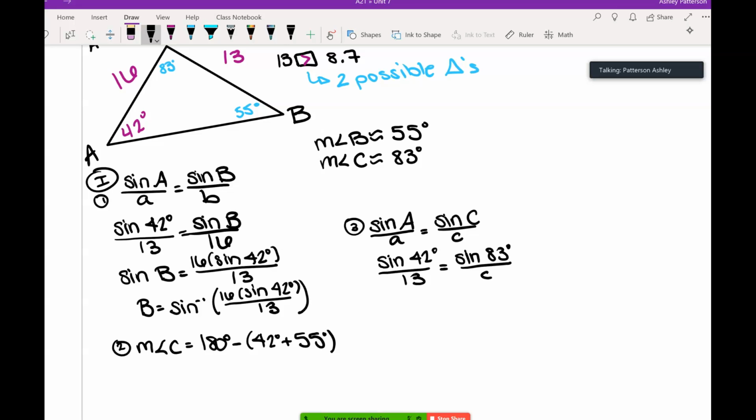Okay, cross multiplying. We get little c times the sine of 42 degrees is equal to 13 times the sine of 83 degrees. And then trying to isolate c, I'm going to divide by the sine of 42. So we get 13 times the sine of 83 degrees all over the sine of 42.